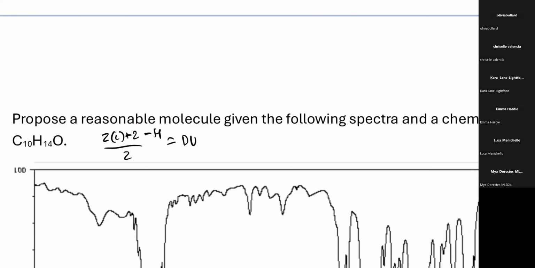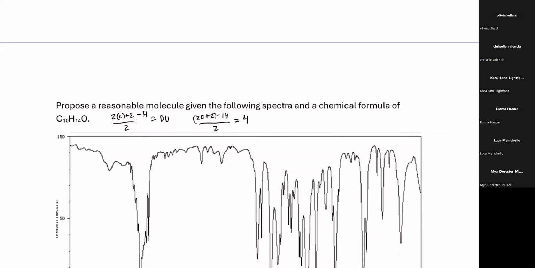So I see 20 plus 2 minus 14, divided by 2. Hold on, am I doing this right? Yes. So that's 8 divided by 2 is 4. Okay, so that gives me a degree of unsaturation of 4.